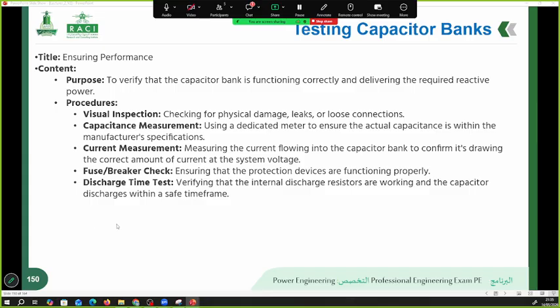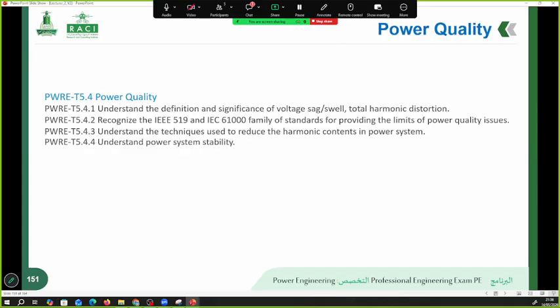So several key procedures are performed during the routine test, including the visual inspection, capacitance measurement, current measurement, fuse break check and discharge time test.